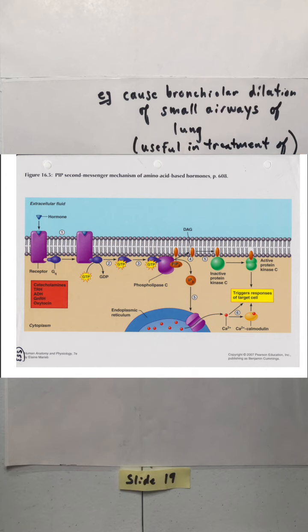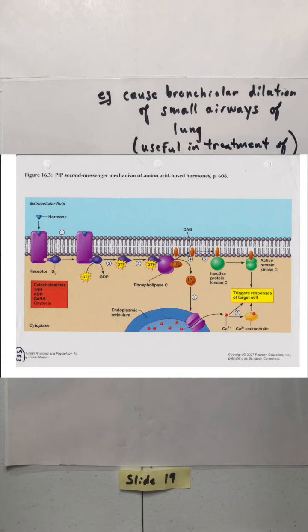It takes PIP2, splits it into DAG and IP3. Now, PIP2 is phosphatidylinositol bisphosphate. DAG is diacylglycerol, and IP3 is inositol triphosphate. So basically, this enzyme phospholipase C gets activated. It splits a phospholipid molecule called PIP2 into DAG and IP3.